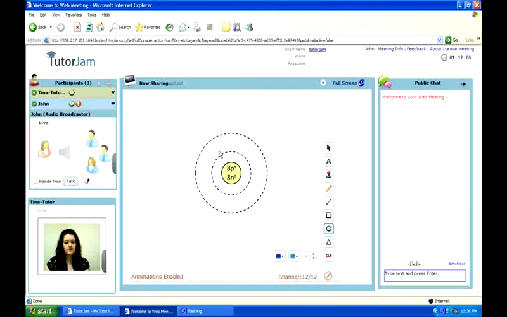So I remember you saying that the first shell has 2. Right. Then we go to the second shell, and that has 8. 3, 4, 5, 6, 7, and 8. Almost.